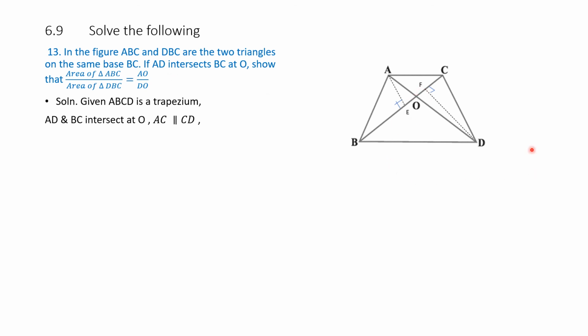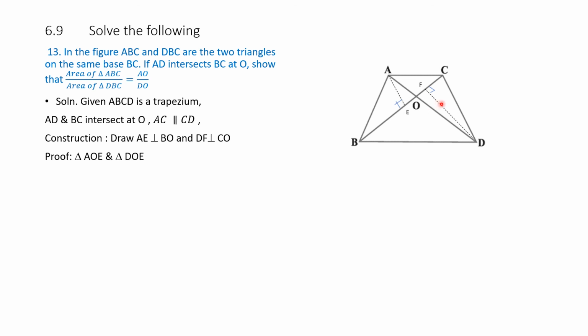ABCD is a trapezium as shown in the figure given. AD and BC intersect at O, and it is also given AB is parallel to CD. Draw AE perpendicular to BO. This is the dotted line. AE is perpendicular to BO, that is, it is 90 degrees.